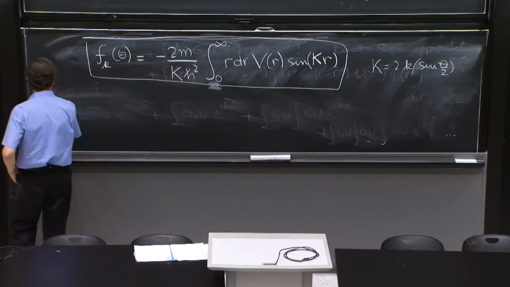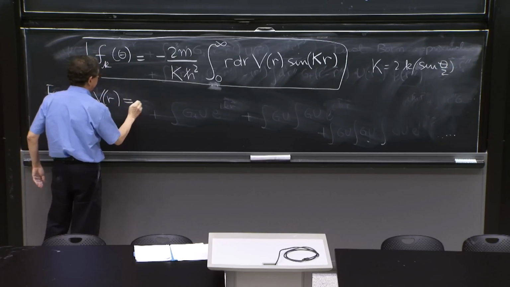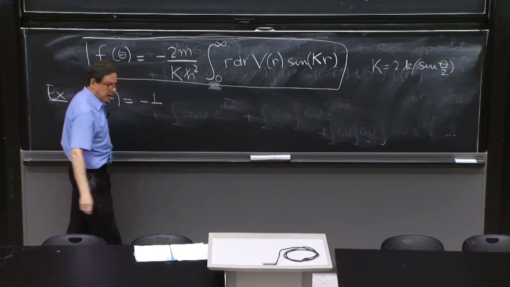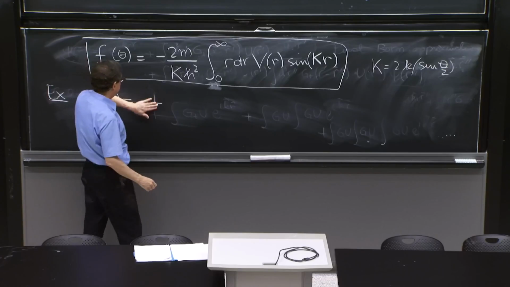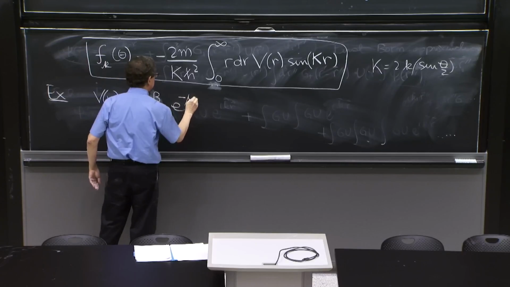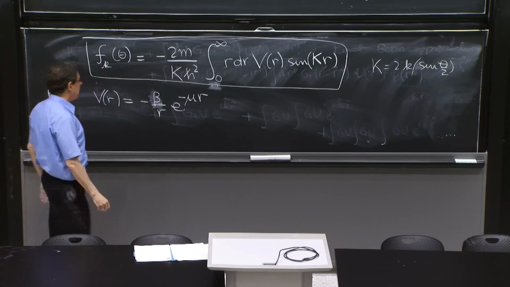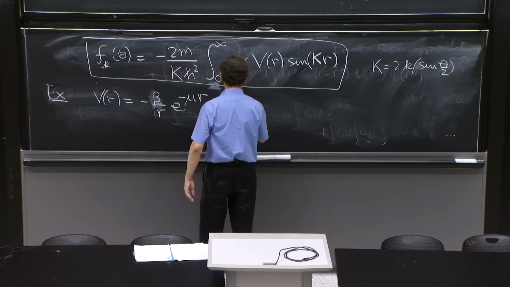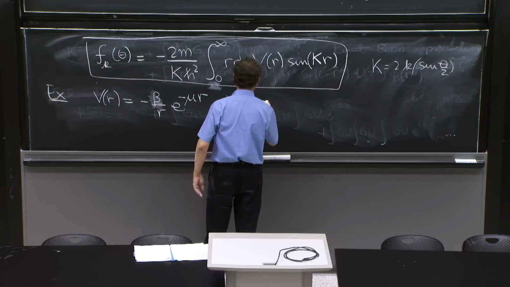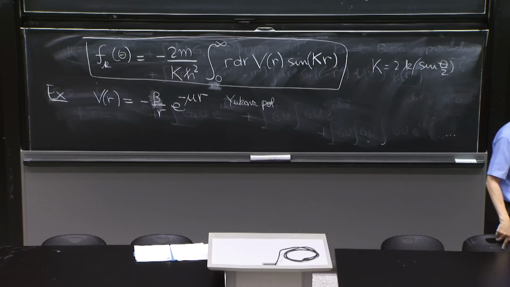So this is done, for example, for the Yukawa potential, v of r is minus 1 over r. Well, we'll put a beta, just e to the minus mu r. That's called the Yukawa potential. It's the kind of modification of the electromagnetic potential in the limit in which the photon would acquire a mass.